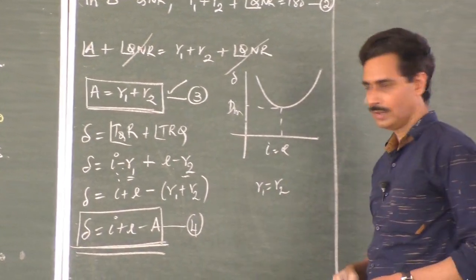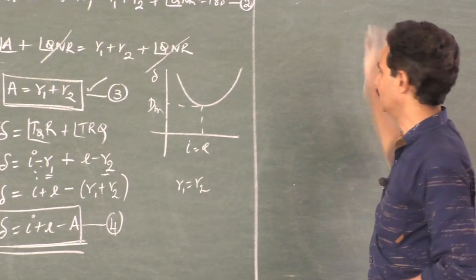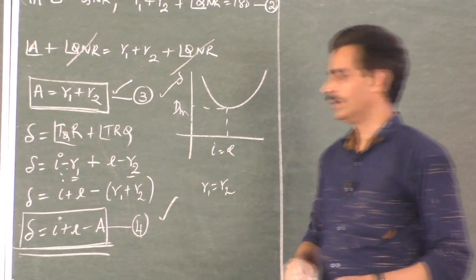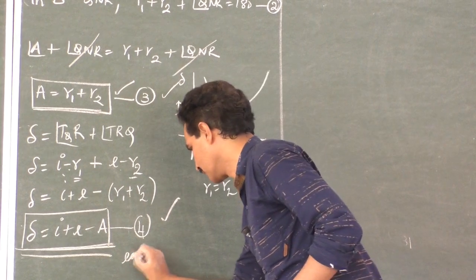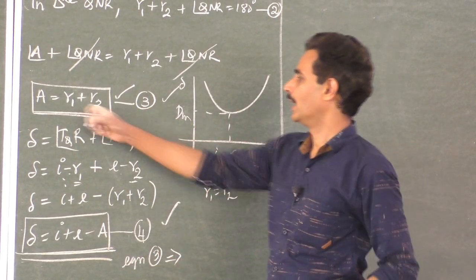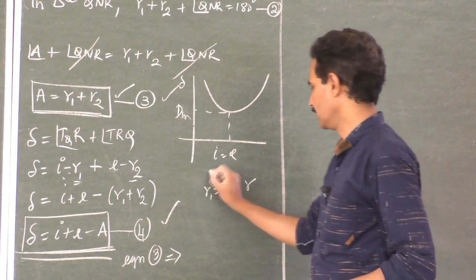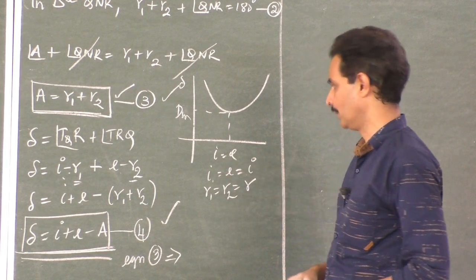Hope I can write it here. If they are equal, what happens to these two equations? What is the result? So equation 3 becomes, I will take R1 equal to R2 equal to R. Both are the same. I1 equal to I equal to E equal to I. Both are the same.